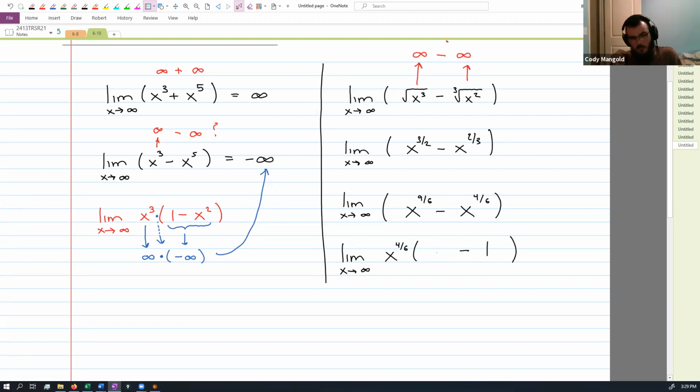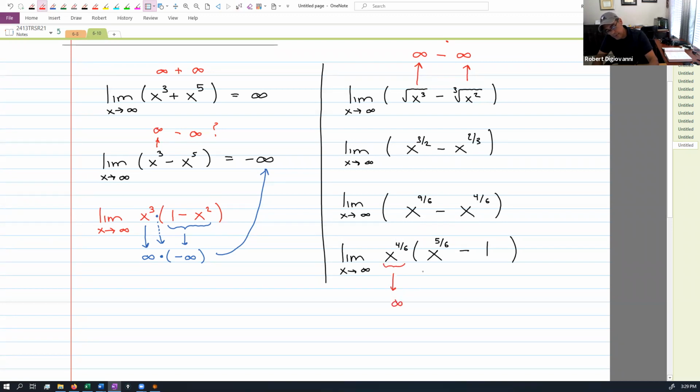It's going to be x to the 5/6. Good, 5/6. And that's because when you multiply these, you add the exponents, and 4/6 plus 5/6 is 9/6. And at this point, we're there because this goes to infinity, and that goes to infinity minus 1, which is infinity. And when you multiply two infinities together, you get infinity.